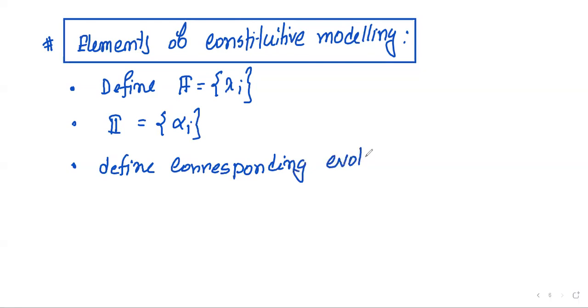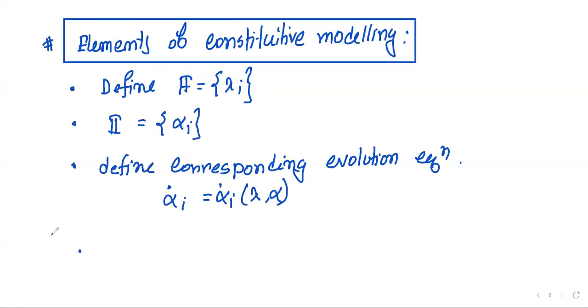It is alpha I dot, which is a function of the free variable and the hidden variable.